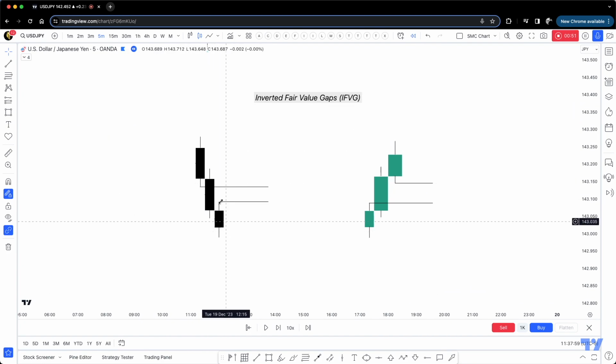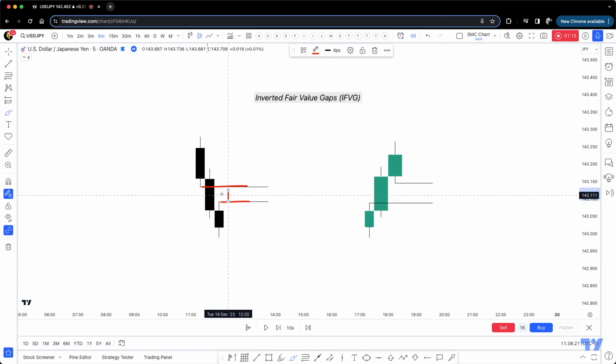Basically, a fair value gap, for those who don't know, is a 3 candle pattern. You're going to have a space pretty much from the low of this wick to the top of this wick, so this is space in the middle right here.